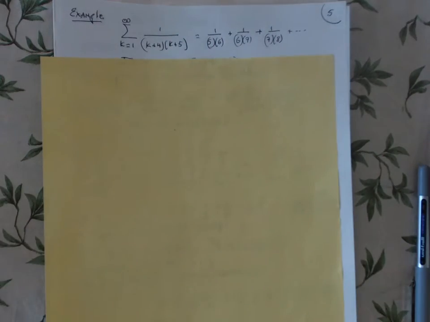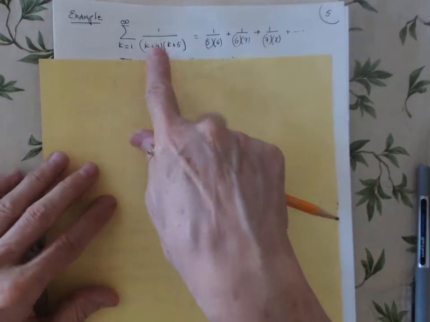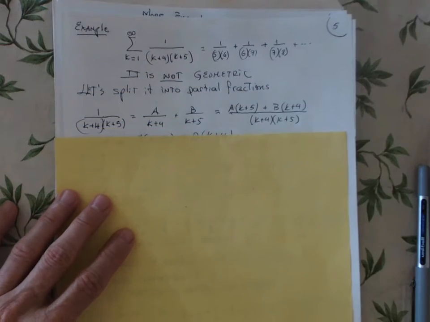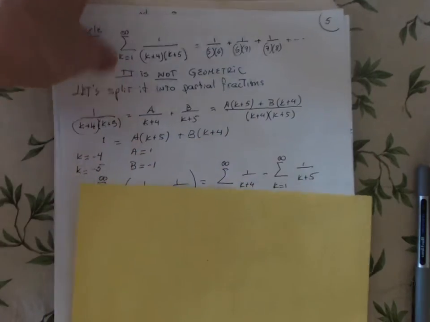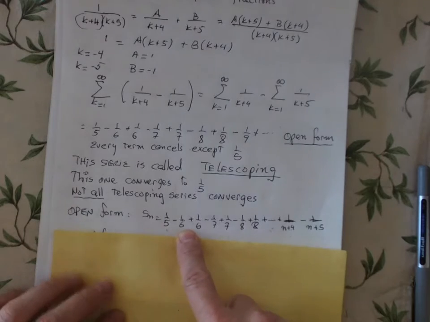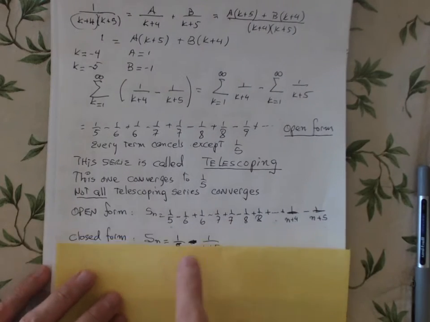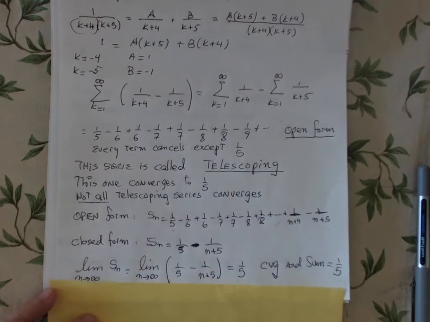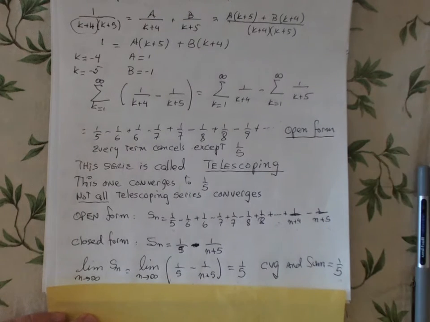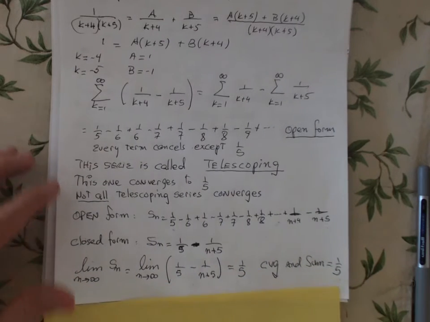You make it into 2 partial fractions, and through the calculations, collapsing all those terms in between and finding the limit, you'll be able to find the sum. So that's the other one besides the geometric convergent series, the telescoping, that you'll be able to find the sum.